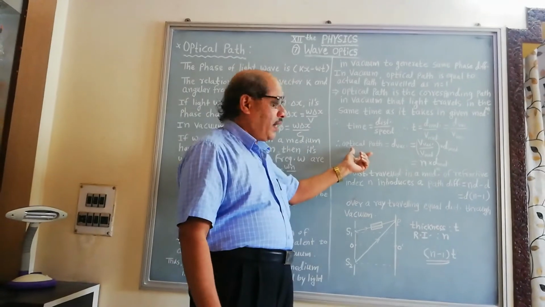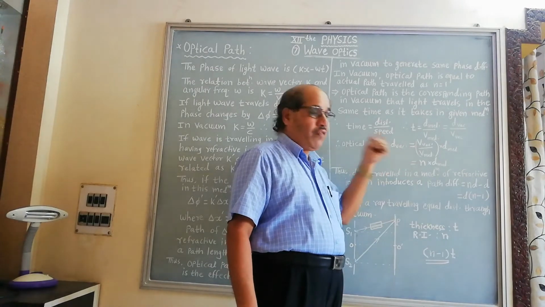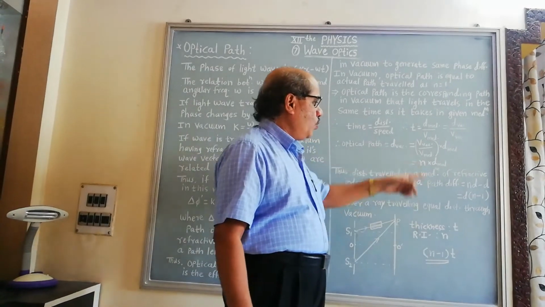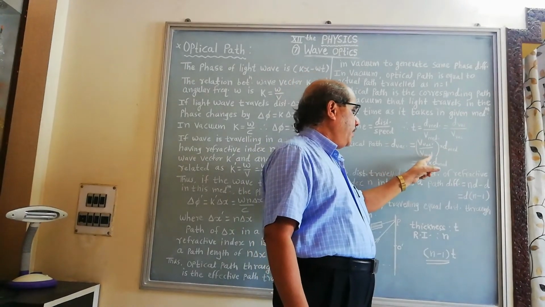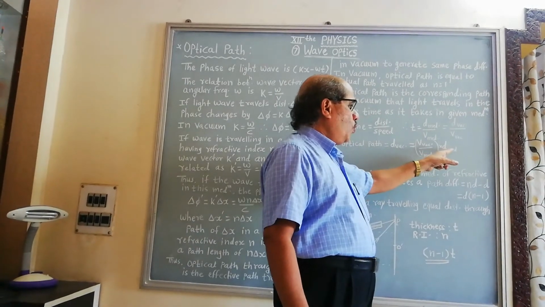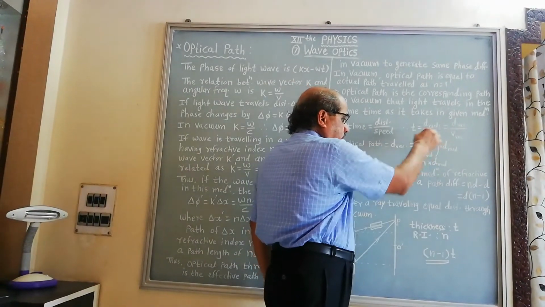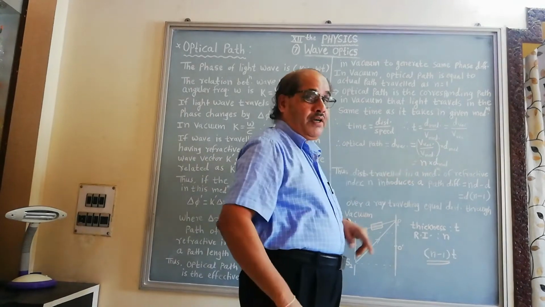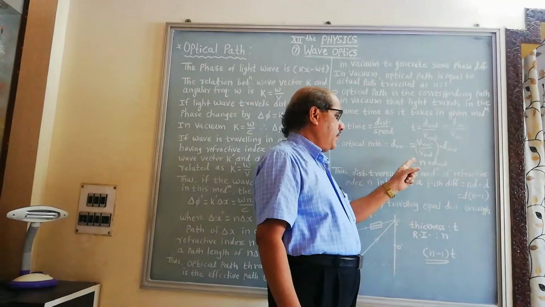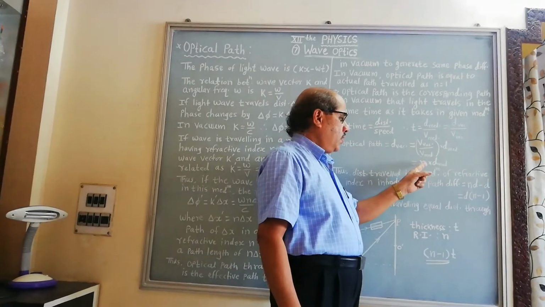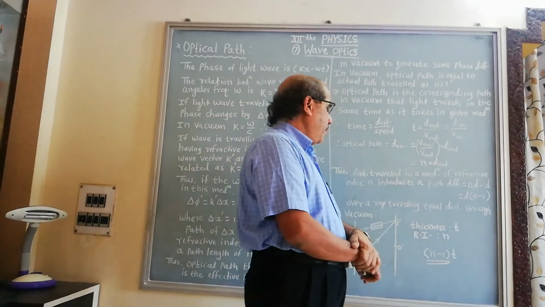Therefore, optical path is equal to distance in vacuum, that is equal to speed in vacuum divided by speed in medium into distance in medium. But this term is nothing but the refractive index. Therefore, optical path is equal to n into distance in medium.